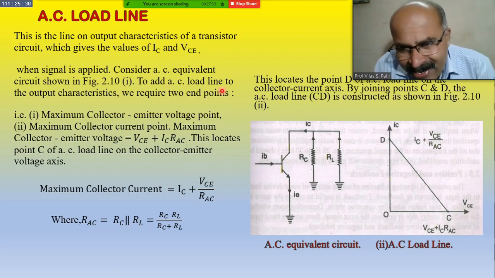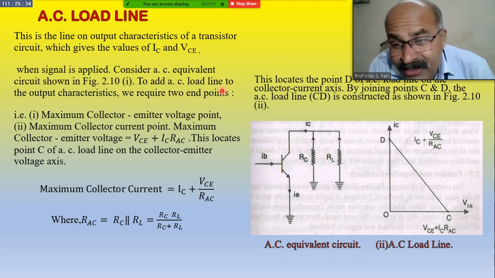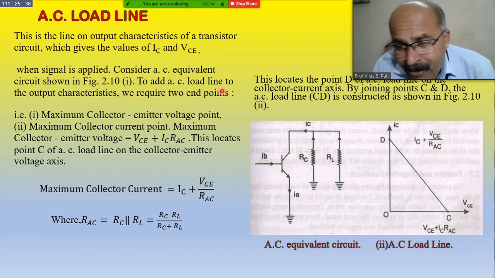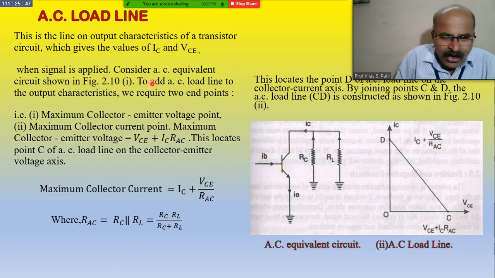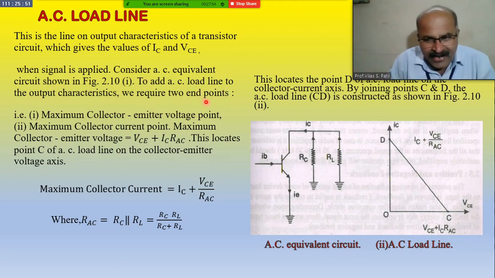We have to draw the AC load line on the output characteristic, which is drawn here in the second diagram. This second diagram is the AC load line. See here, to add the AC load line to the output characteristic, we require two endpoints.